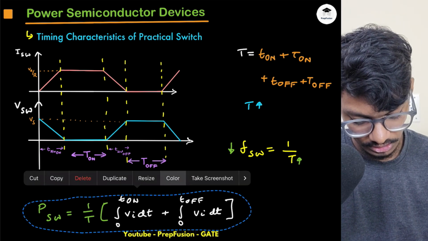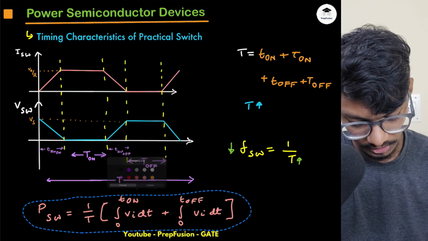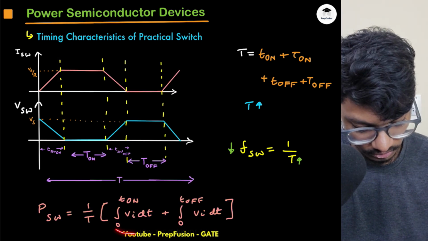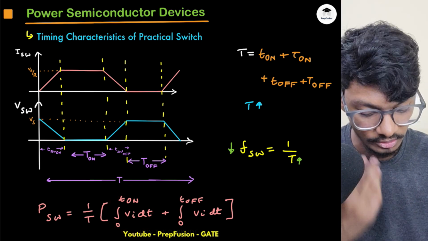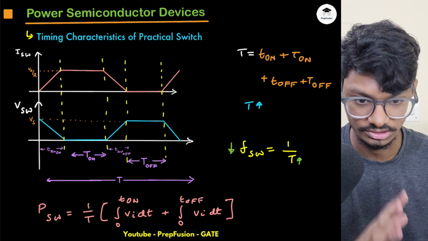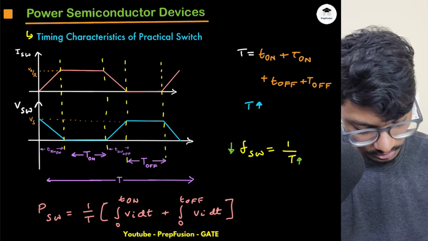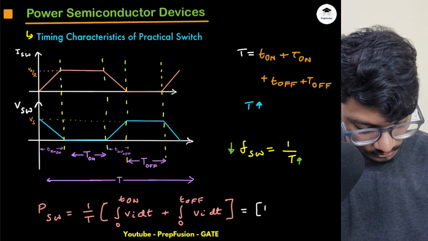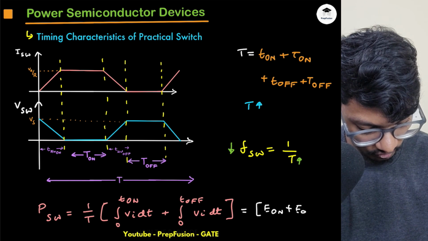Okay, so this will basically be the average power loss. Now if you want to write this in some other way, this whole thing is the energy dissipated in the switch for it to turn on, and this is the energy dissipated across the switch for it to turn off. So this is simply equal to E on plus E off. Okay, energy dissipated.